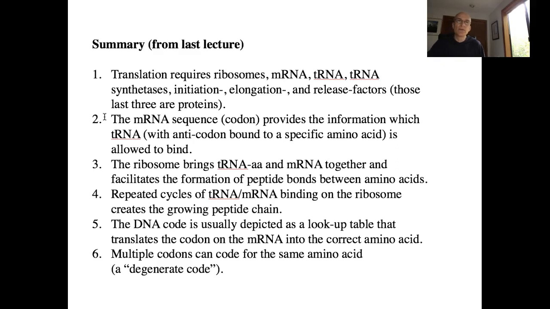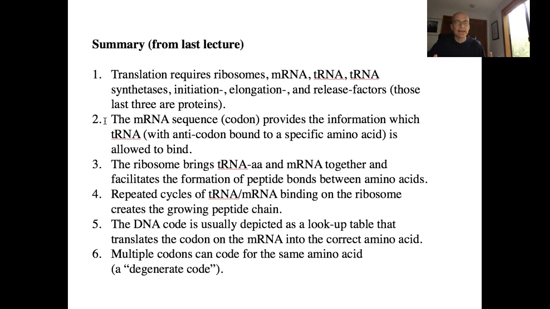We said that the ribosome brings the tRNA amino acid complex and the mRNA together, and then facilitates the formation of peptide bonds between the amino acids so that the peptide can start to grow. We said that the repeated cycle of tRNA and mRNA binding on the ribosome then creates that longer chain, that the genetic code is usually depicted as a lookup table that translates the codon on the mRNA into the correct amino acid.